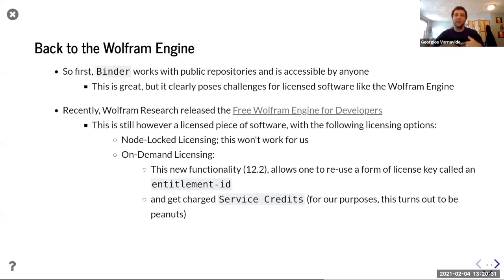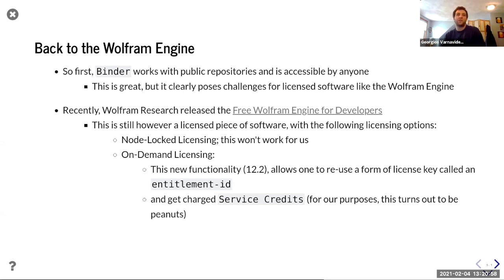And after that's built, you can share it publicly with anyone, which is great, but it clearly poses challenges for licensed software, for example, the Wolfram engine. Recently the Wolfram engine released the free Wolfram engine for developers, which is amazing. At the end of the day, it is however still a licensed piece of software. You can get a free license, but at the end of the day, it's licensed.